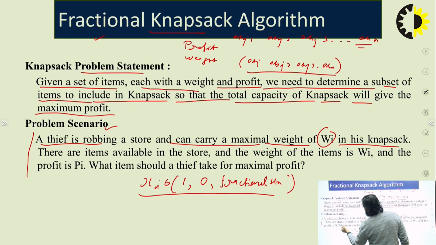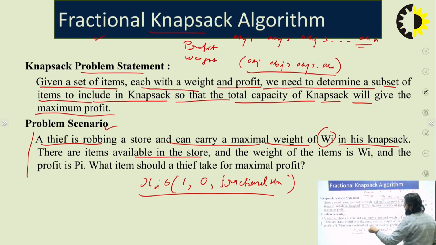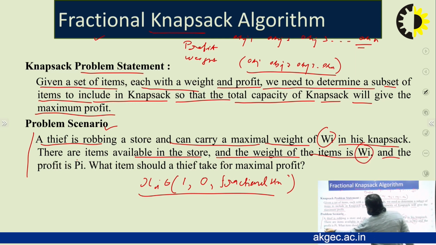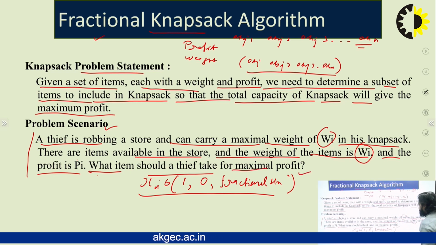There are n items available in the store, for example items 1 to 6, where the weight of an item is Wi and the profit of an item is Pi. What items should the thief take for maximum profit? We find the maximum profit by carrying items that are taken, not taken, or taken fractionally.